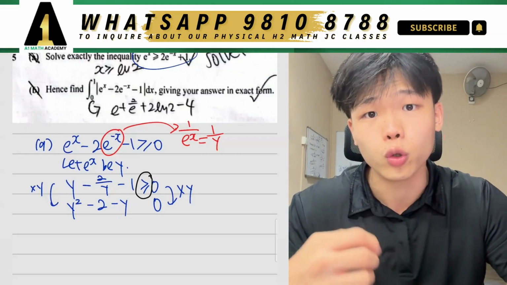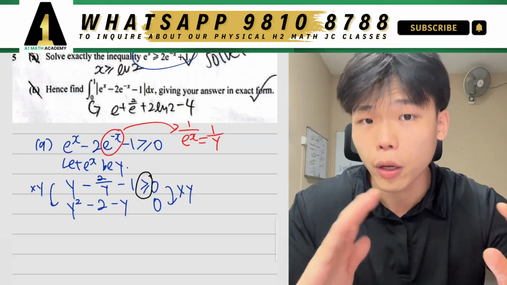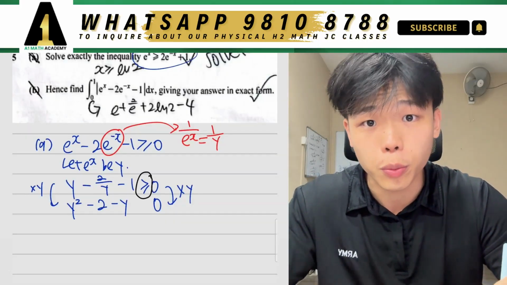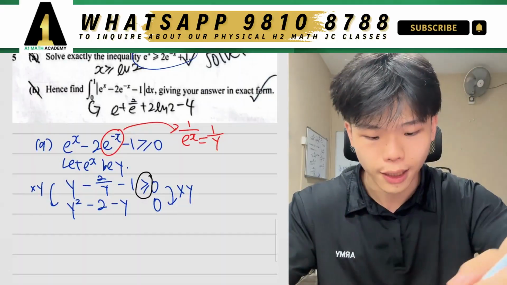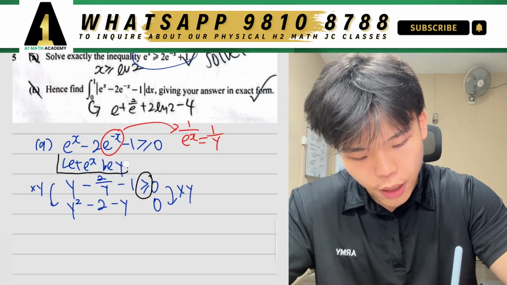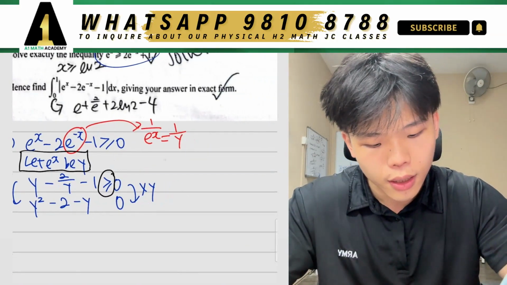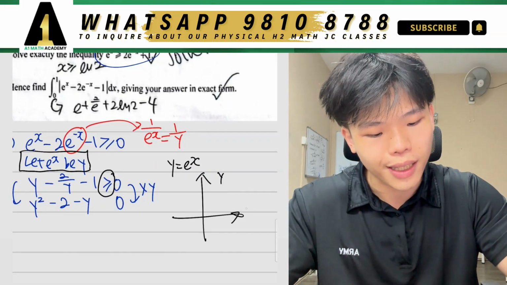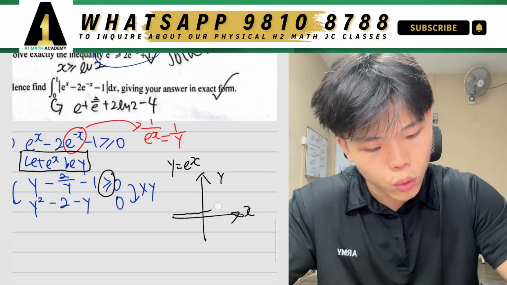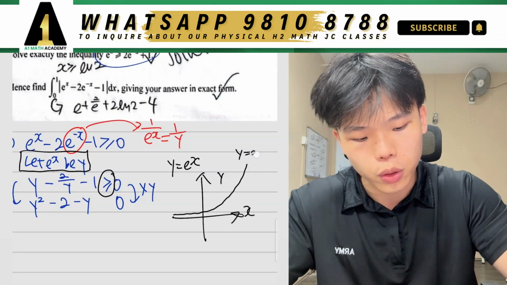But then the question becomes, what happens to this sign over here? Do we flip it or do we not flip it? Because whenever it comes to multiplying anything on both sides, we always need to be very careful. And the answer to that comes down to what you're actually multiplying on both sides. So if you take a look over here, you can see that e^x is y, so y equals e to the power of x. And if we were to actually sketch out the e^x graph using your GC, you have y equals e^x over here.